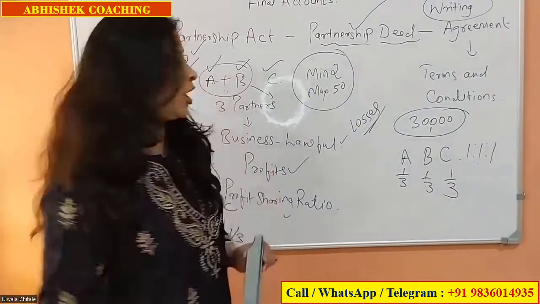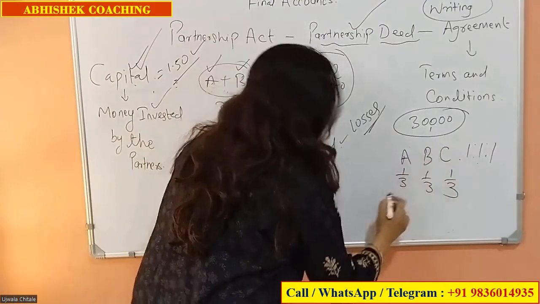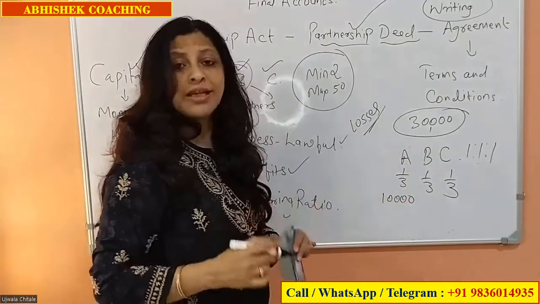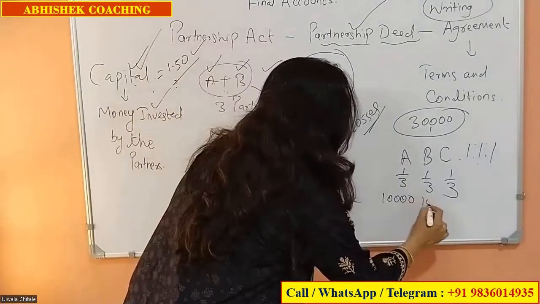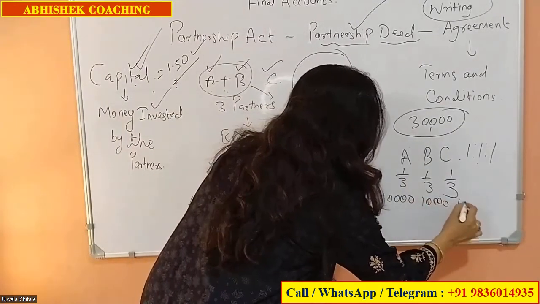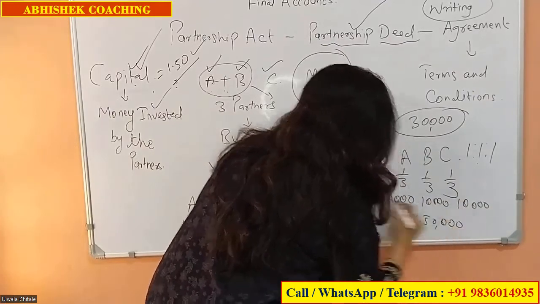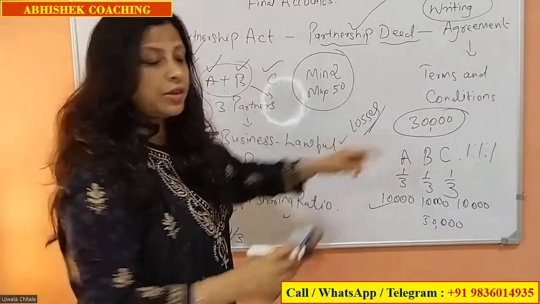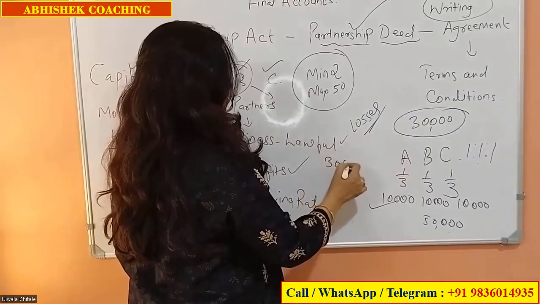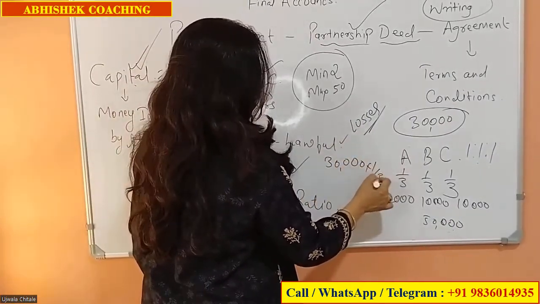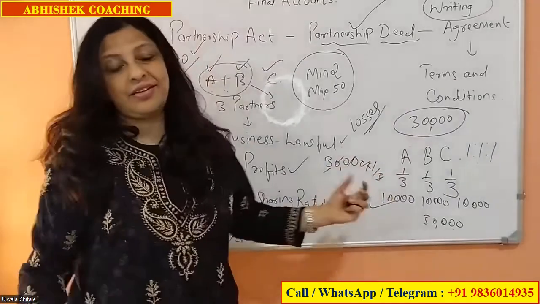The profits will be shared by A, B and C equally: 10,000, 10,000 and 10,000, which makes a total of 30,000. How did I get this 10,000? 30,000 into 1/3, I get 10,000 each.